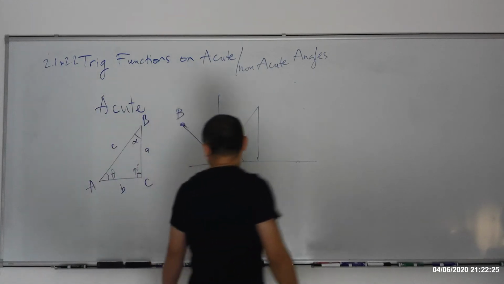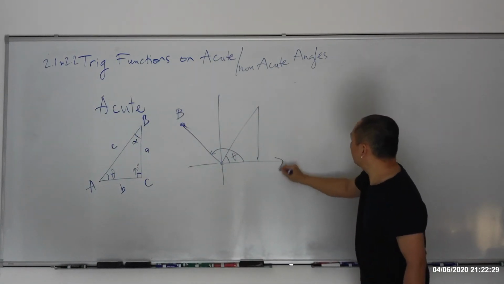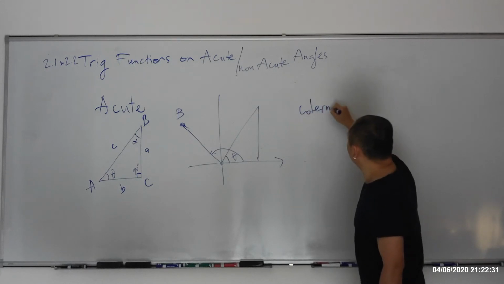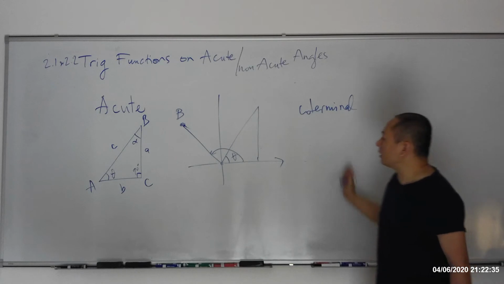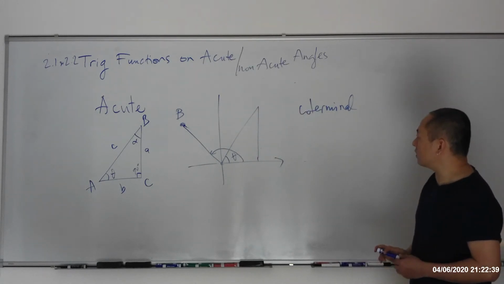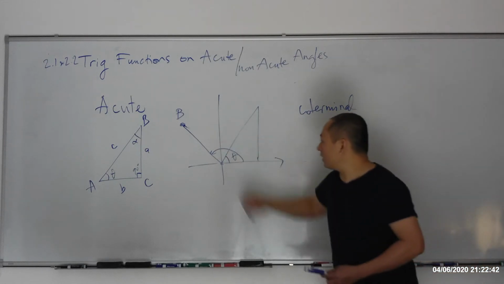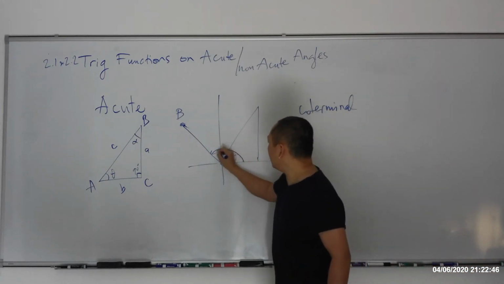So how do we deal with trig functions in here? Remember the word coterminal. It means that we try to convert or bring it back to the acute angle associated with the given angle.